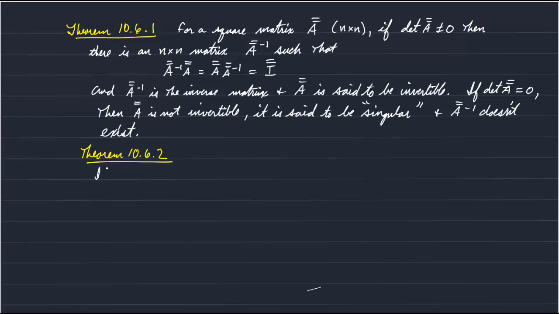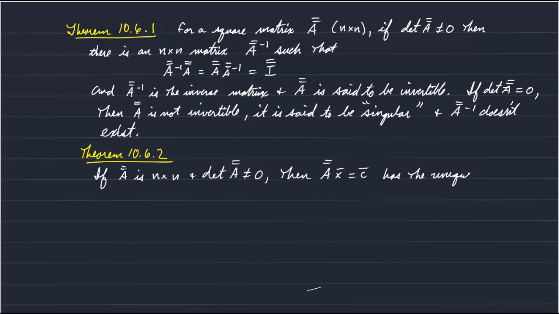And that again says if A is square, n by n, and the determinant of A is not equal to 0, then Ax equals C has the unique solution x equal to the inverse matrix times C. So we found another way to solve this system of equations.